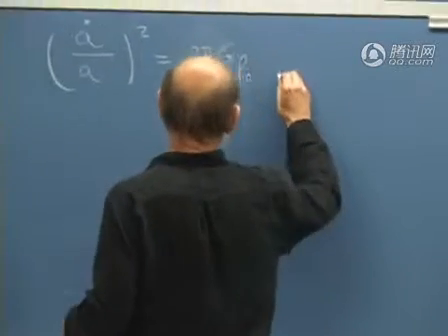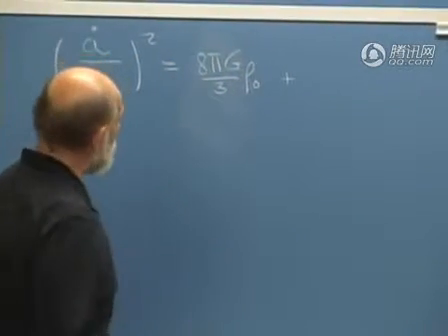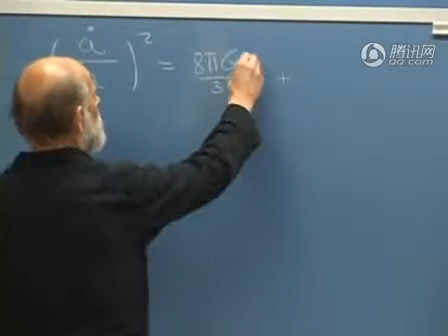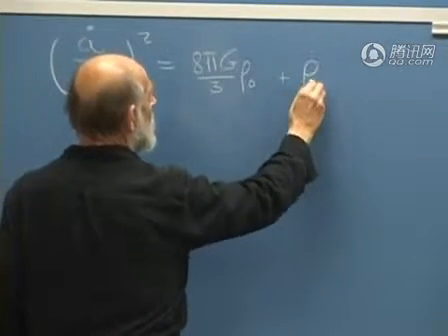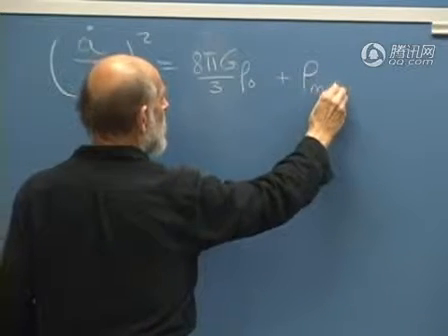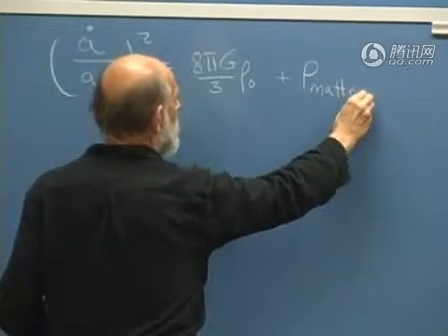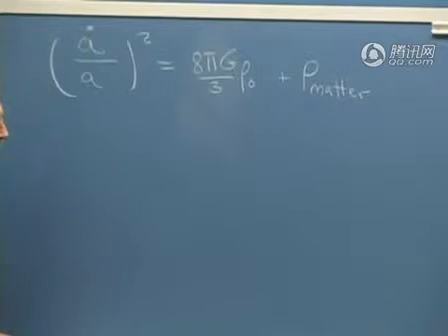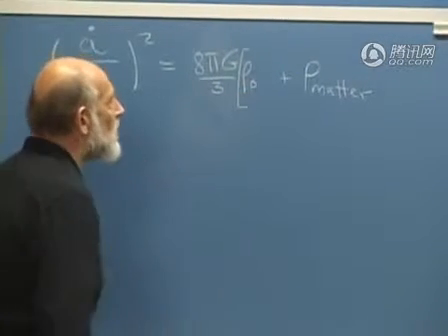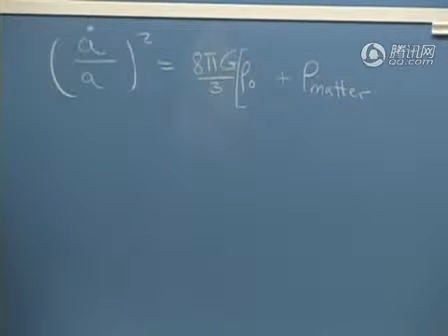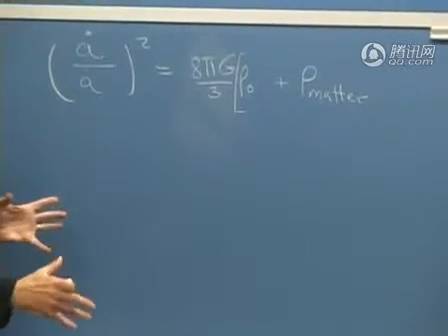Then there's another term in here, which is, let's say, rho matter. It also multiplies the 8 pi G over 3. So let's put a bracket around it. The vacuum energy is the part which doesn't change with expansion.